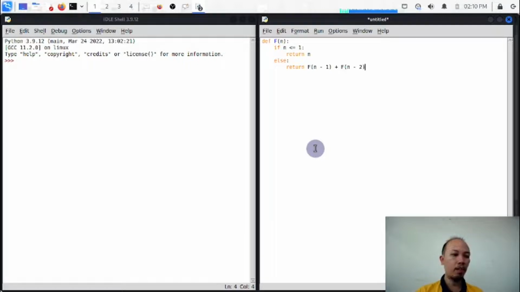Then let's define the terms of the sequence.